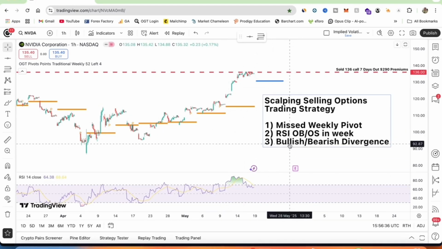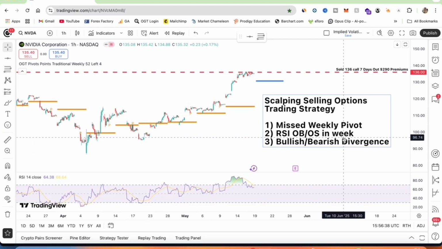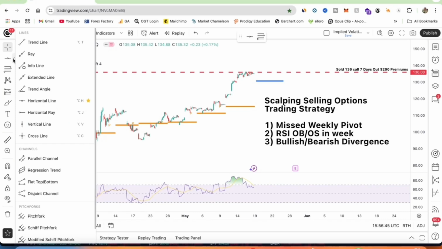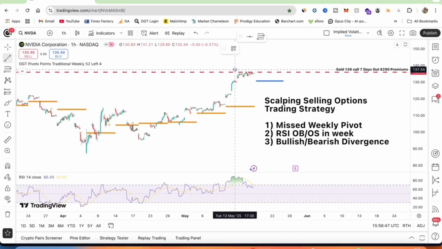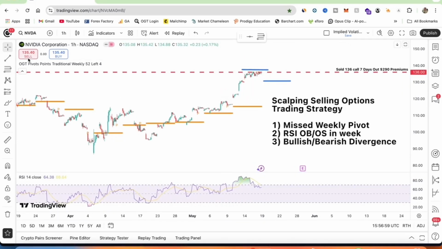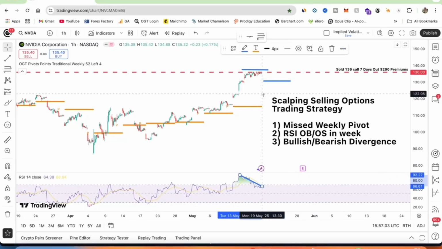And the last bit is do we get bullish or bearish divergences? So in this example, we've got bearish divergence. Effectively what we're talking about here is we've got price making lower highs, or pretty much flat. It's not really making anything. And the RSI throughout the same period is declining, right?